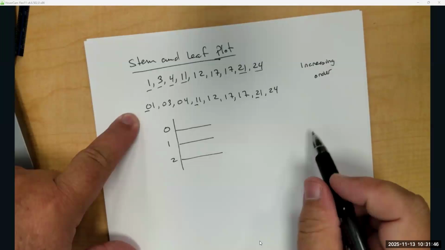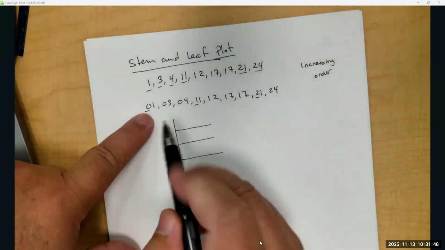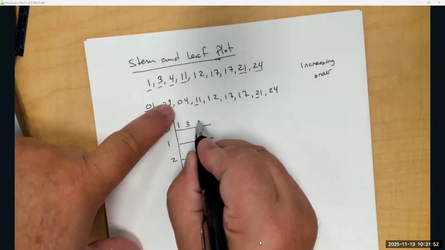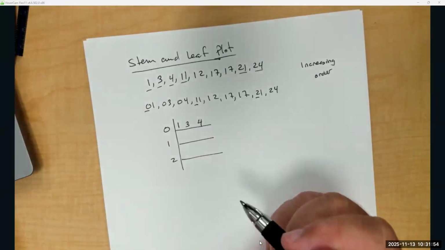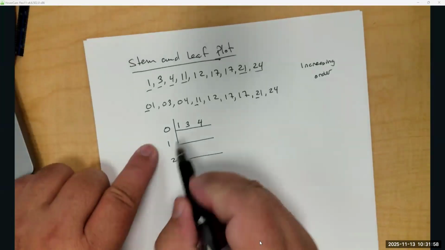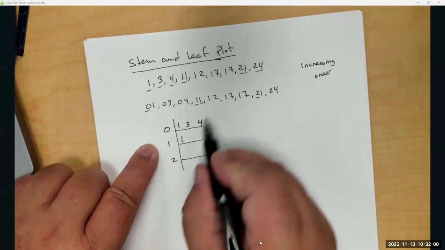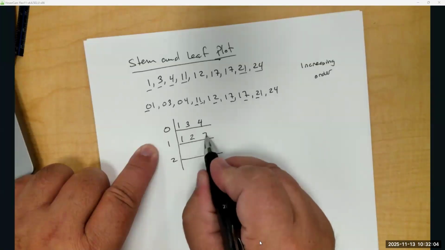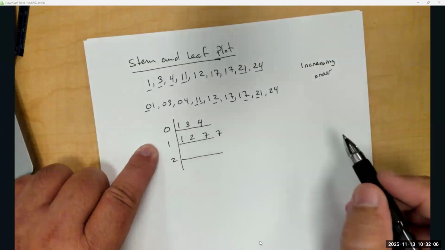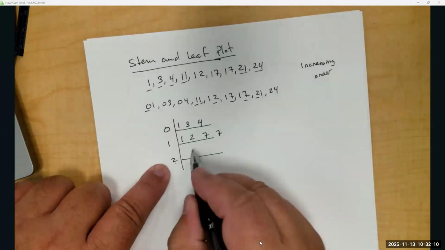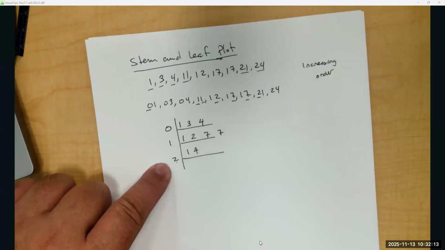In the zeros, the first number is a 1, then a 3, and then a 4. In the ones, we have a 1, we have a 2, and we have 2 7s. With the first digit being a 2, we have a 1 and a 4.